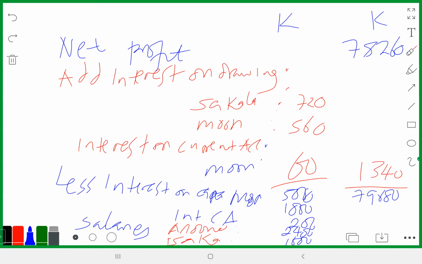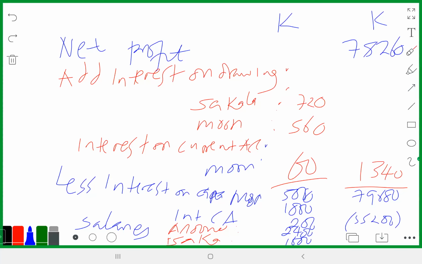Okay. So once you subtract everything, you just add all this: 24,000 plus 16,000 plus 15,000 plus 200, that gives 55,200. This is to be subtracted from 79,600.